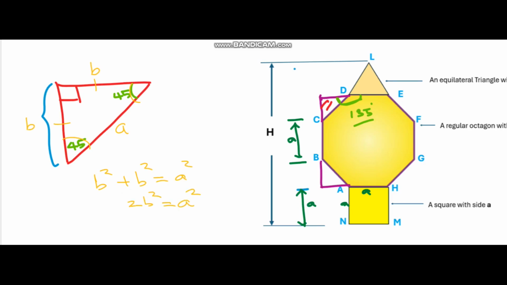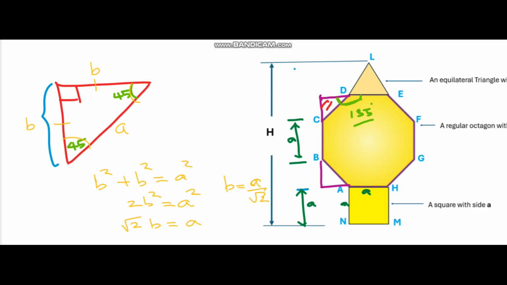Taking square root of 2 times b is a. Therefore b, which is what we are after, is a over root 2.